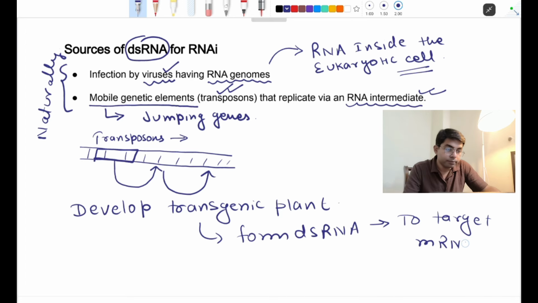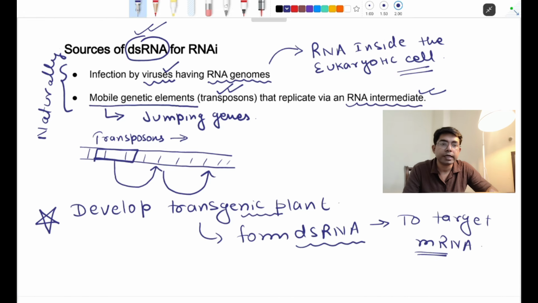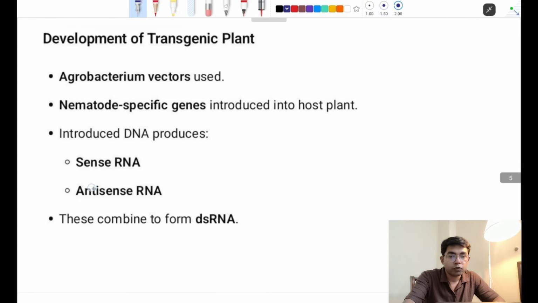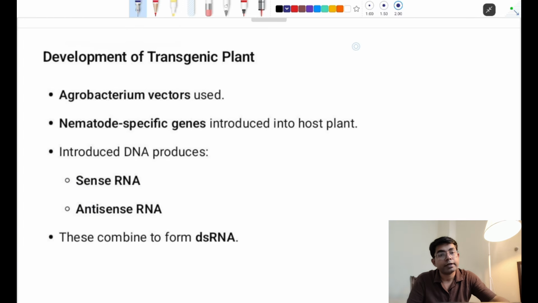To summarize, this double-stranded RNA is formed either from a virus or from a transposon, and if we are doing it ourselves, then we develop a transgenic plant which will form double-stranded RNA that targets a specific mRNA. And this is exactly how we are going to kill the nematode. Now we are seeing how we target the nematode. This is the last part of NCERT, where we see how we will kill the nematode. Our main purpose is to kill the nematode.